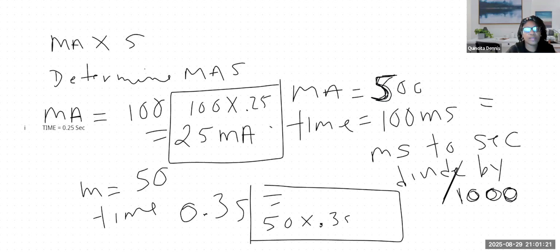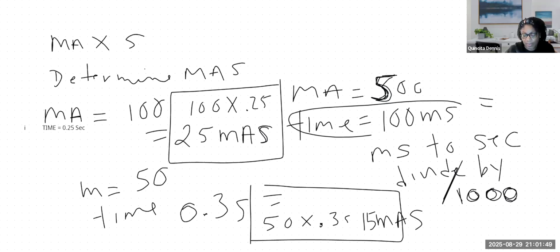Hopefully everyone got that one. The second one is 50 times 0.3, so that should be 15, I believe. 15 mass.